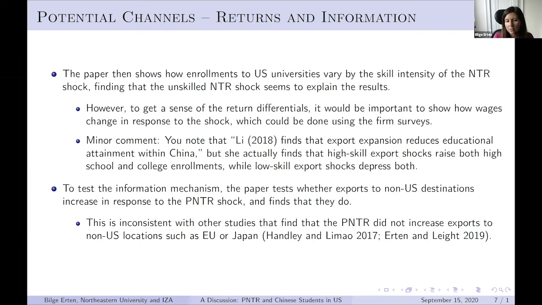We also included Korea and Taiwan in that list, and we found that mostly the exports to the US rose, and the other places did not receive significant exports. So I think reconciling with the previous literature can help with that. Thank you.